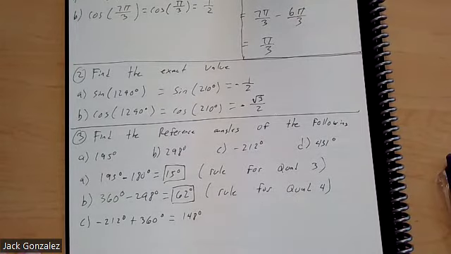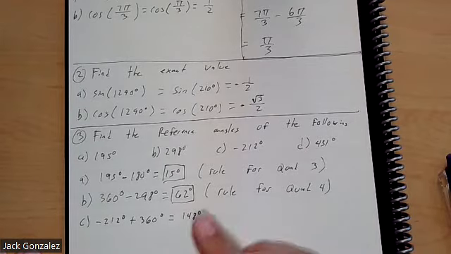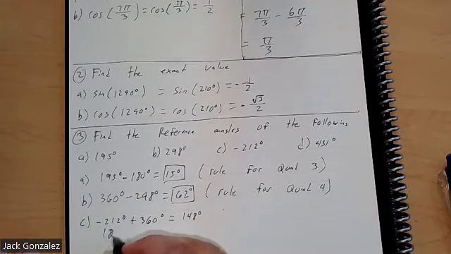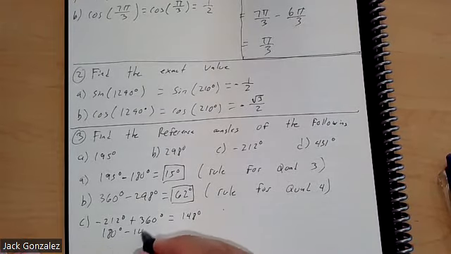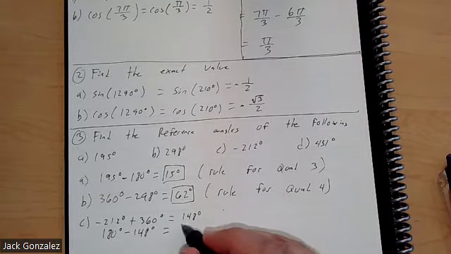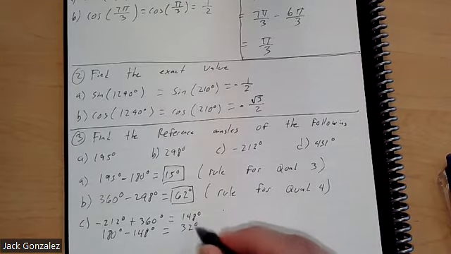Quadrant 2. What is the rule for quadrant 2? Do you remember? Yeah, it's going to be 180 minus 148, which gives us 32.